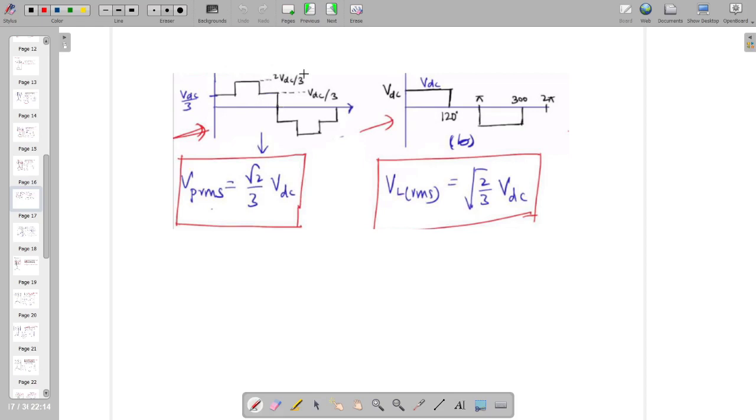Then we get 2 VDC by 3, and in the third case VDC by 3. So we get the output waveforms like this. The RMS value of the phase voltage is equal to root 3 by 3 into VDC. The RMS value of the line voltage is equal to square root of 2 by 3 into VDC.